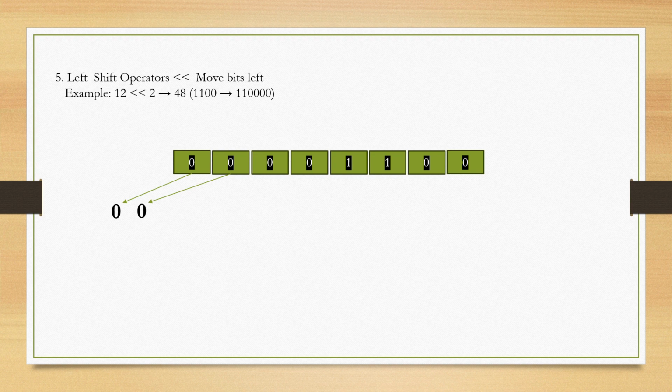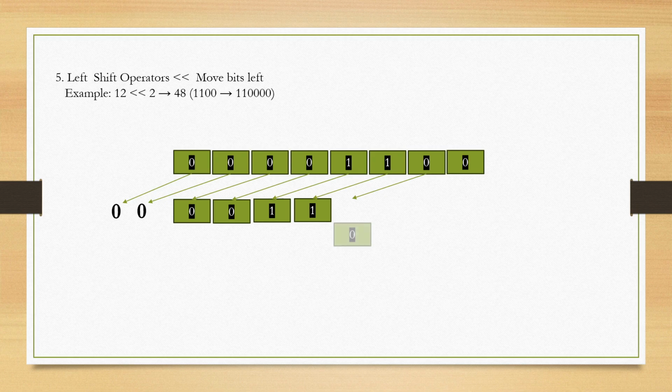If you want, you can shift 1 and after that shift 1 more bit. It's also okay. Our 0 comes here, 0 comes here, and our 1 comes here, and our 1 comes here. After that, the remaining 2 bits are appended with zeros.